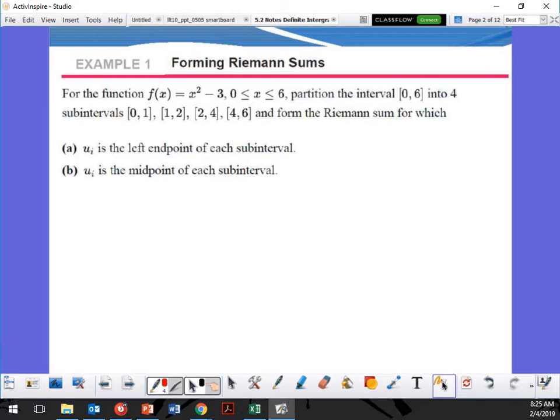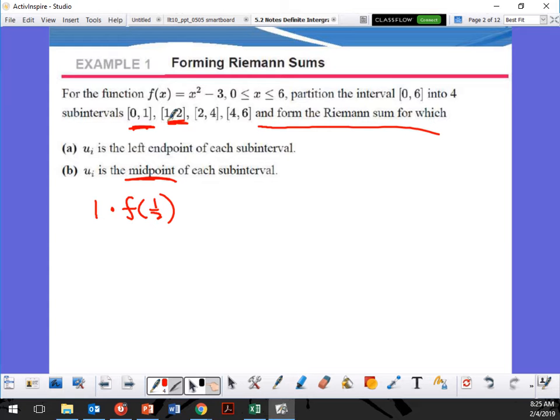So this one, my midpoint is going to be 0.5, so it's going to be 0 plus 1 divided by 2, which is 1/2, right? So again, times my delta x, but my midpoint is going to change my f of x. So my delta x is 1 times f of 1/2, right? Yes.